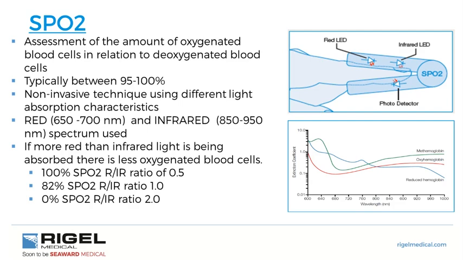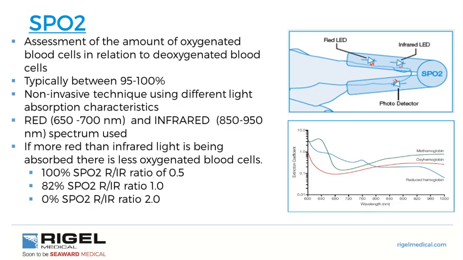And effectively, what the SpO2 is doing, according to that graph, is it will look at where the oxygenated hemoglobin is and the reduced hemoglobin is, and then it can determine the ratio of SpO2. So, for instance, if there's more red than infrared light being absorbed, then there's going to be less oxygenated blood.